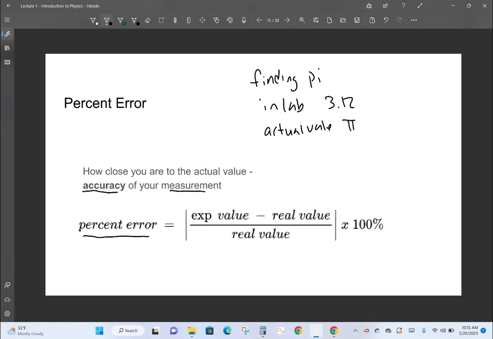So if I were to find that, I would just take the absolute value of my 3.12 minus real pi, divide it by pi, and then times 100% to make it a percent. If I do that, I get 3.12 minus pi equals, divide that by pi, equals, and then times 100. So that would be 0.69% error. So I was off, plus or minus 0.69. It was really a negative number. I was low by 0.69% of what pi really is.